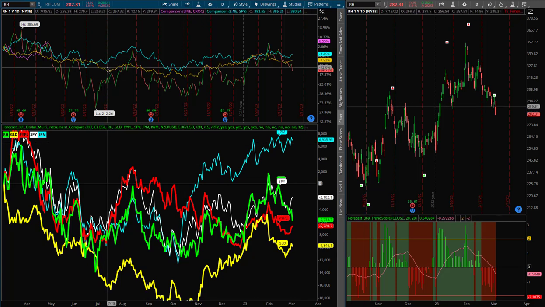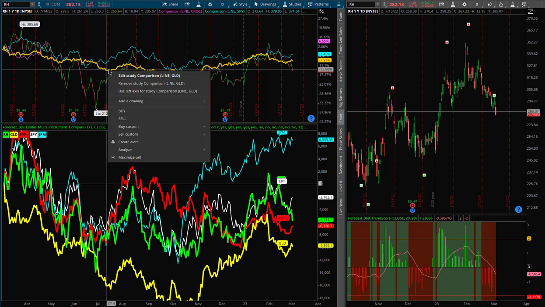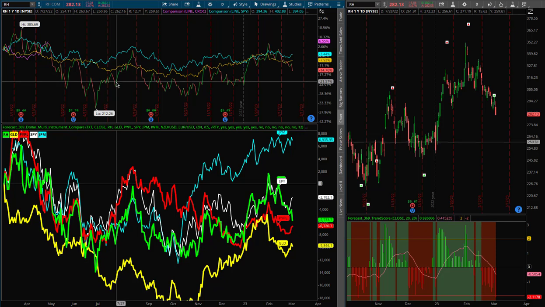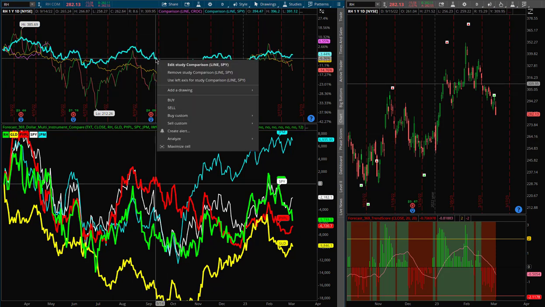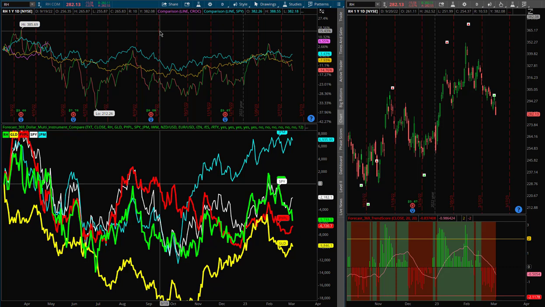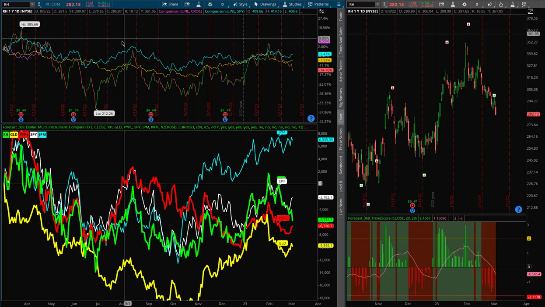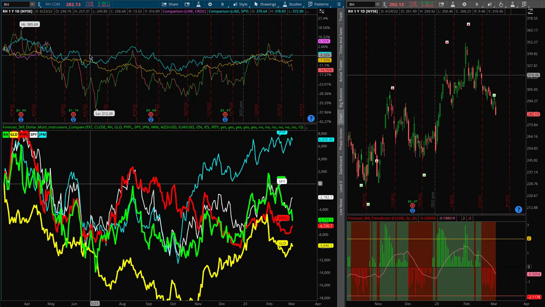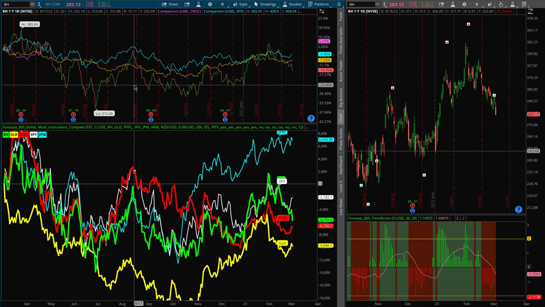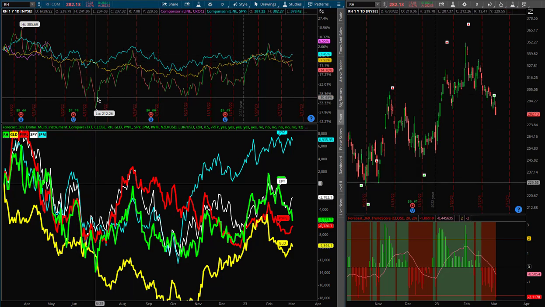On the top, again, this is a daily chart. We have gold. As you can see here, this is a price comparison of gold, and this is your RH. You can see on the top, and this is SPY. So on the top, the chart is showing the actual price comparison in terms of percentage divergence.